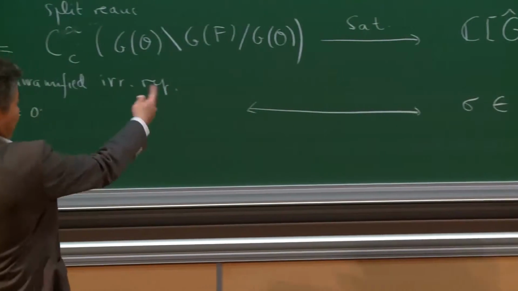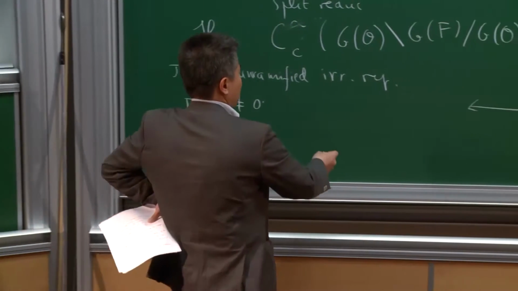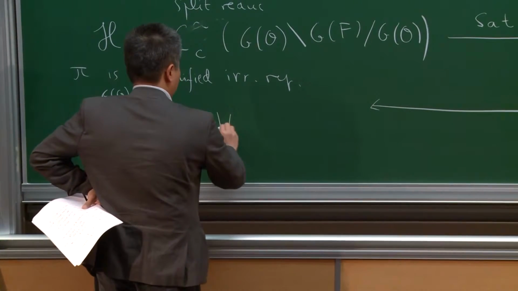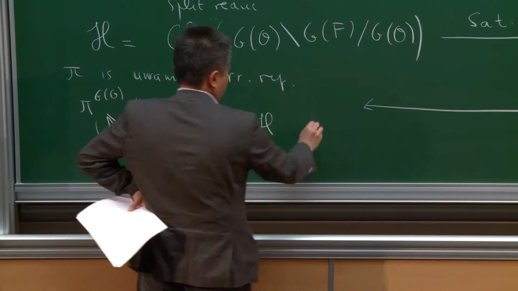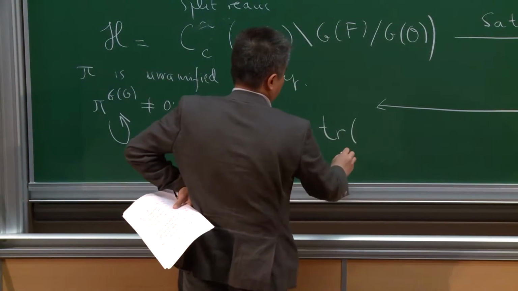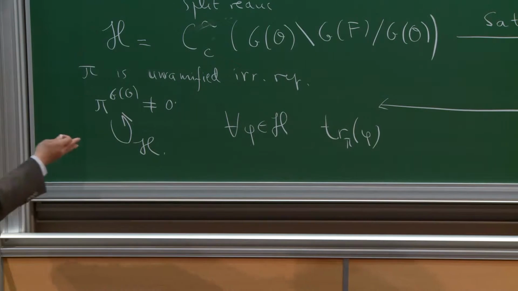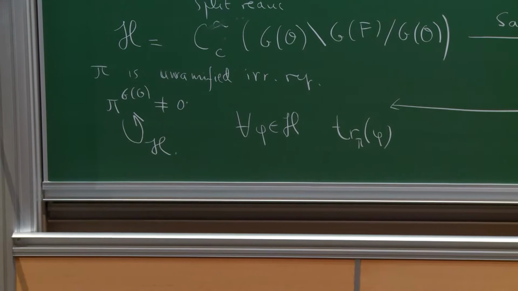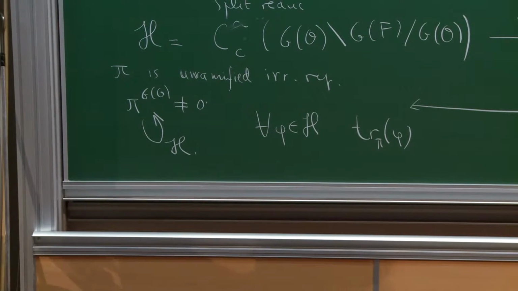And the isomorphism has been made in such a way that for every phi in H, you have the trace of pi of phi. The trace makes sense because phi, as a Hecke function, will project this infinite-dimensional space onto this one-dimensional vector space, so we can take the trace.